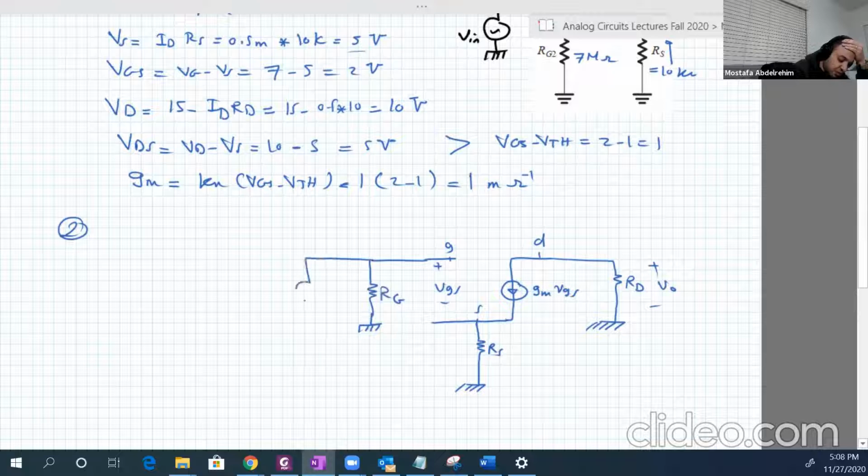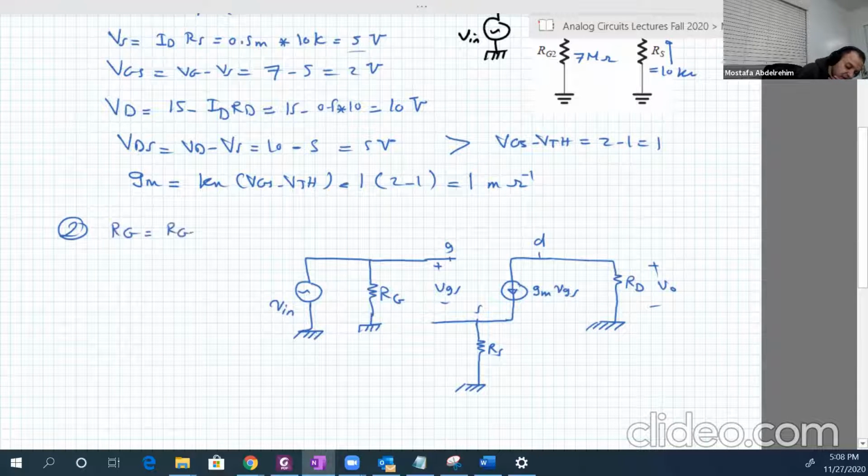And there is a source input, let's call it V input. And the RG here is RG1 parallel RG2, the 7 mega ohm parallel with 8 mega ohm, which is basically 3.73 mega ohm, which is very big, really.